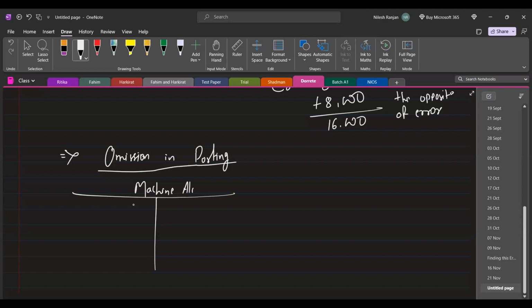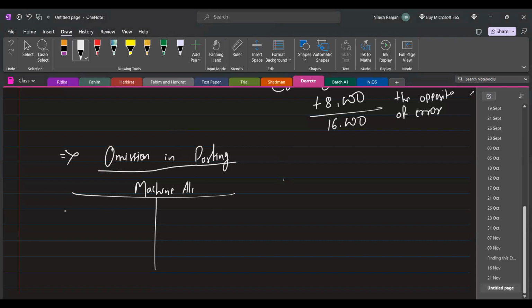We will write it in the machine account. Which side? Debit or credit?